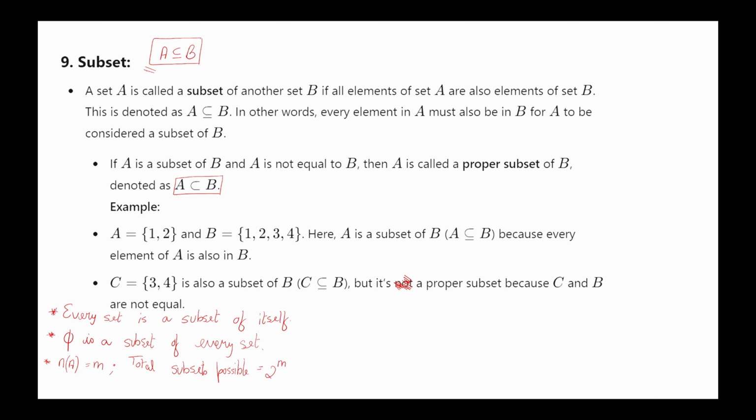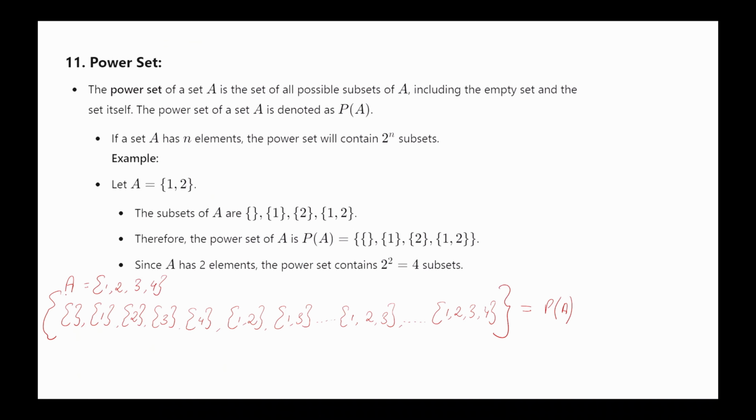So keep this formula in mind. Let's say, as we were taking this 4 element set as an example, here we had n(A) equals 4. That means the total number of subsets that would be possible would be 2 to the power 4, which is nothing but 16. So that means you can have 16 values inside your power set.